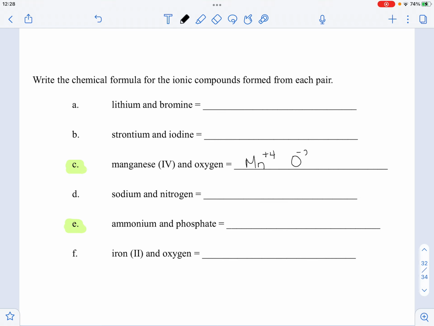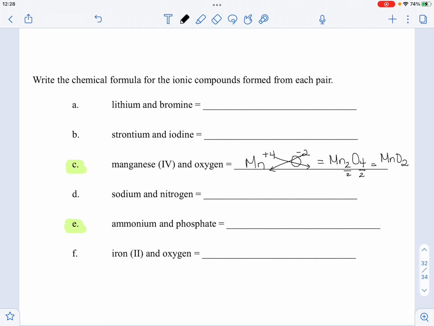It has a charge of 2 negative. So when I do the exchange in the numbers, Mn2O4, I notice that the 2 and the 4 are divisible by one another. So my final answer is MnO2, because I have to make sure that my subscripts have the smallest whole number ratio.